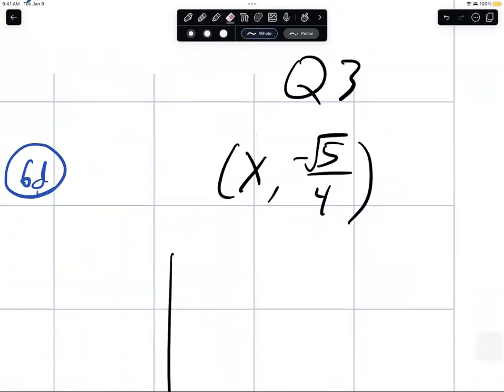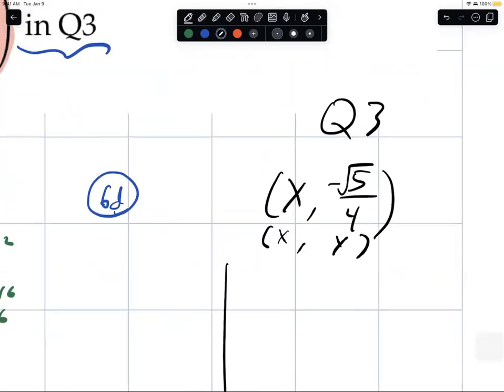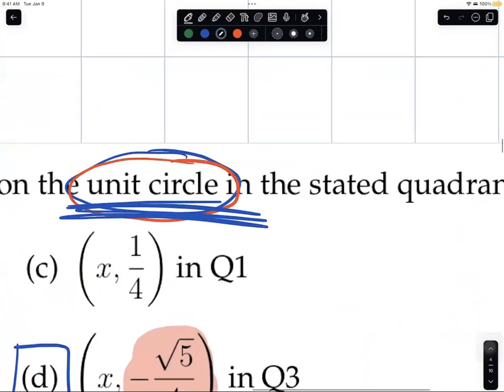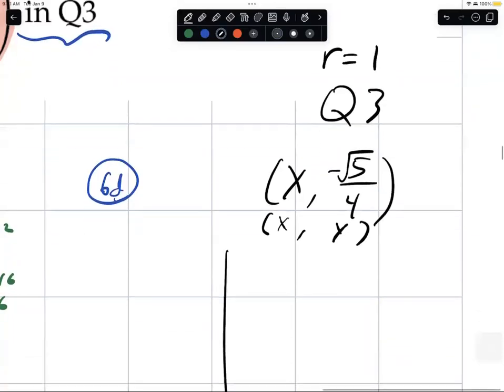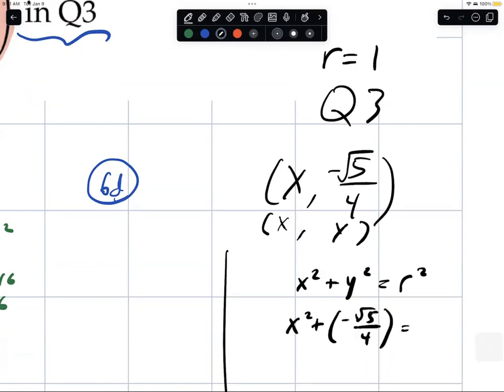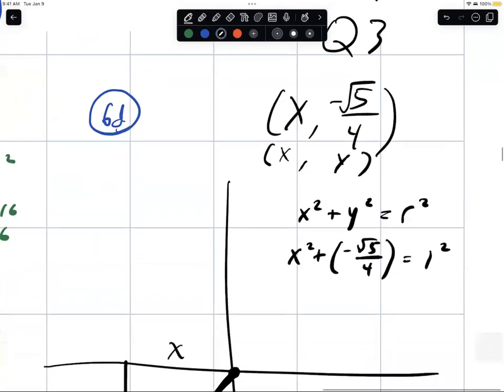We know an x coordinate is missing, a y coordinate is given, and since the problem says we're on the unit circle, automatically r, the radius of the unit circle, is 1. So we can go straight to the Pythagorean theorem: x squared plus y squared equals r squared. x is unknown, y is given, and r is 1. So we can solve this equation.